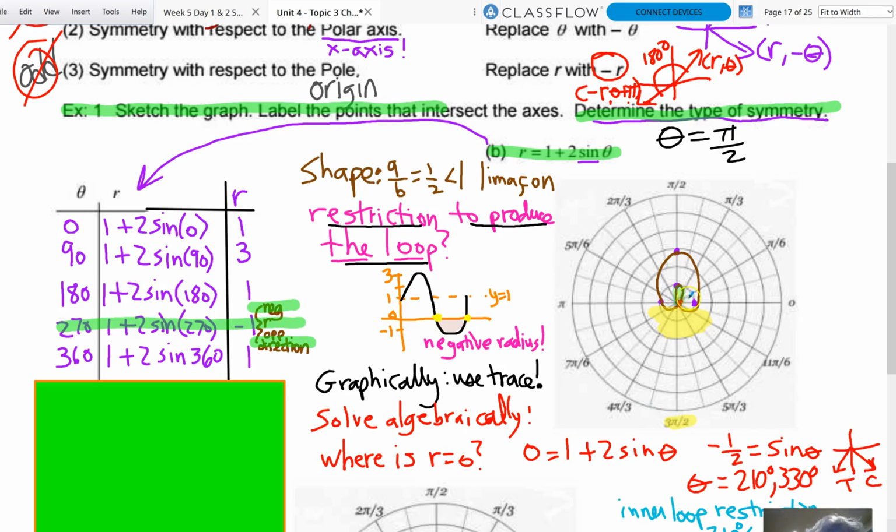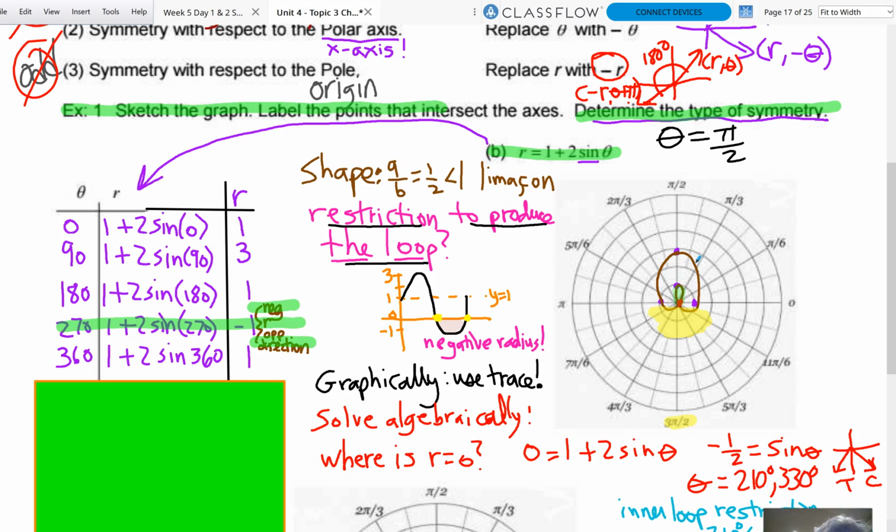So this green loop that I drew, this little inner loop, comes from the negative r value that I get. Go towards 270, but then because it's a negative r, turn around and go towards pi over 2. So I'm just graphing these points. The polar graph is what you see.